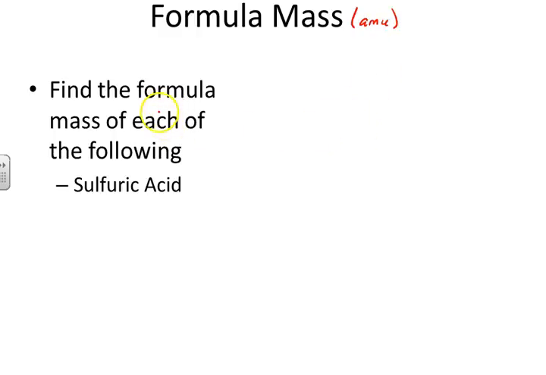Okay, so we want to find the formula mass for each of the following. This is the first one, sulfuric acid. Sulfuric acid is H2SO4. And what we have in this formula is two hydrogens, one sulfur, and four oxygens.